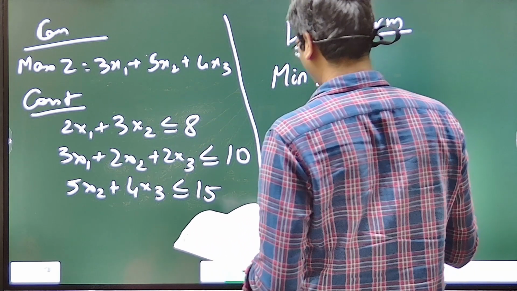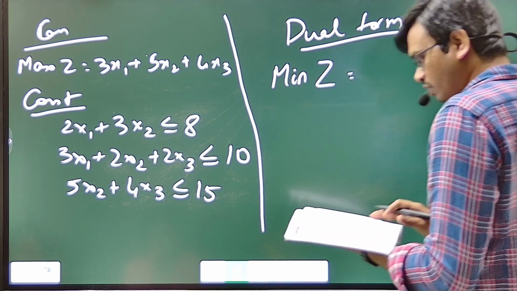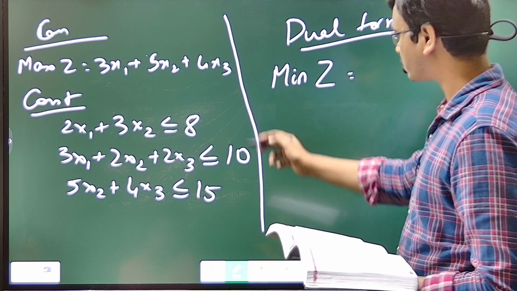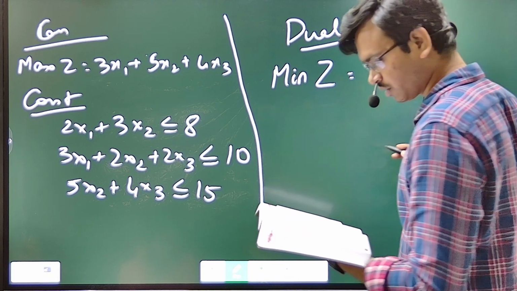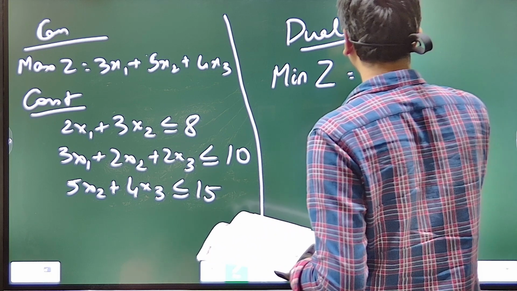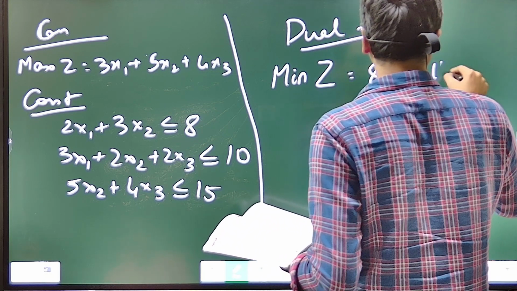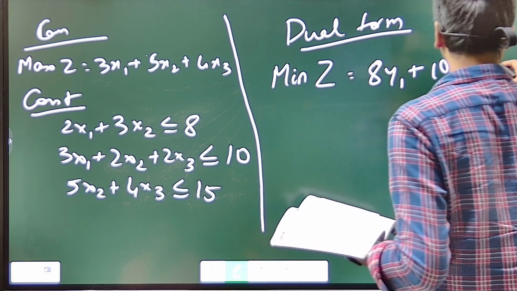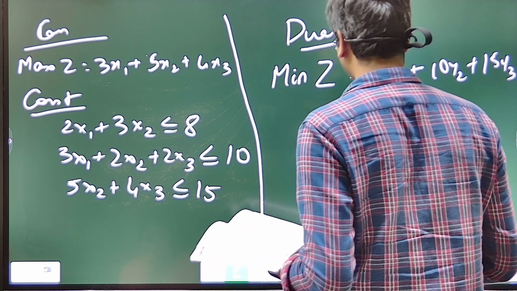For the objective function, constraints will become variables: 8y1 plus 10y2 plus 15y3. This is your objective.